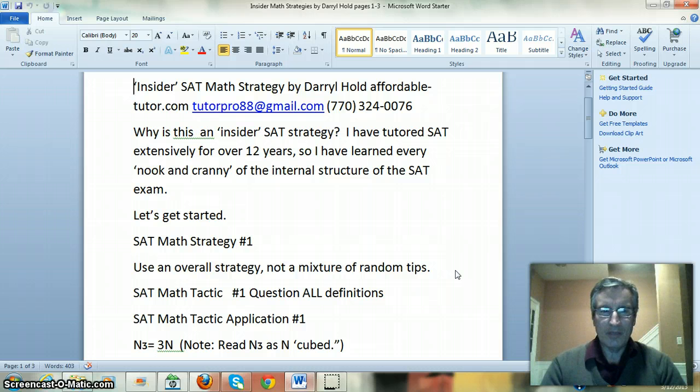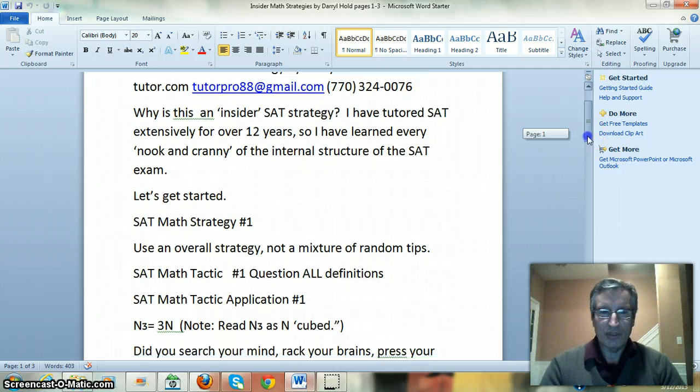However, when it really comes down to it, you need to have an overall strategy, a certain way that you approach it, a paradigm. And if your paradigm is the right paradigm, you're going to end up getting the most out of the tactics. So a strategy is an overall method of doing something. The tactics are the specific application.